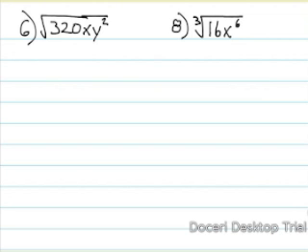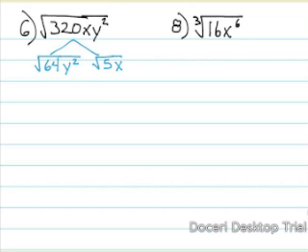Number 6. Getting a little tougher, got some more variables there. But we still want to break it down into a perfect square and a not so perfect square. So 320 can be divided by 64, and it gives you 5. 320 is 64 times 5. That y squared is a perfect square, but the x is not.